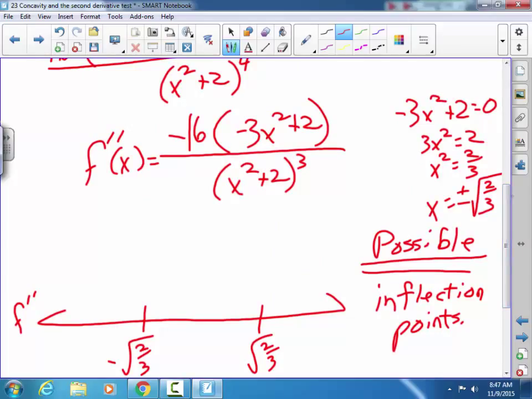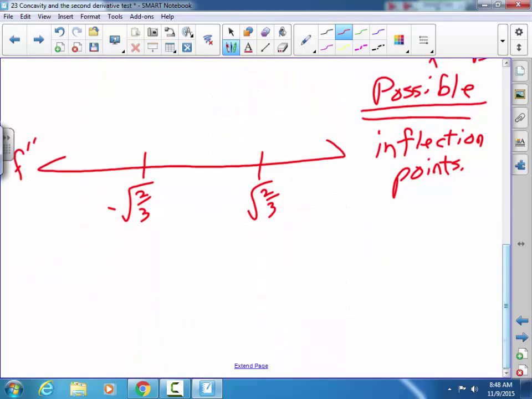How many factors do you see? 2? 3? 3. I see negative 16. I see negative 3x squared plus 2. And I see x squared plus 2 cubed. I see 3 different things here. So I'm going to write them all down. Negative 16, negative 3x squared plus 2, x squared plus 2 cubed.